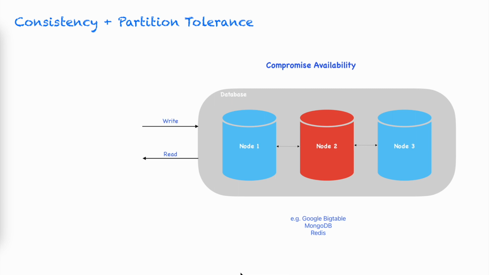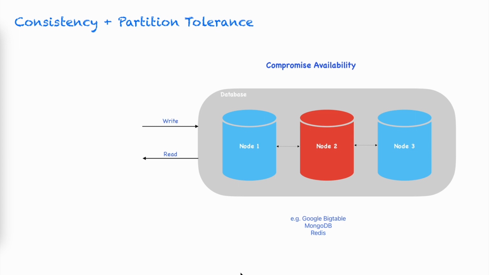The system will not be available for further reads because we don't want to give any stale data to the end user. So the database system will not handle any further request for reading the data from this site. This is the consistency and partition tolerance requirement, where we are compromising the availability.